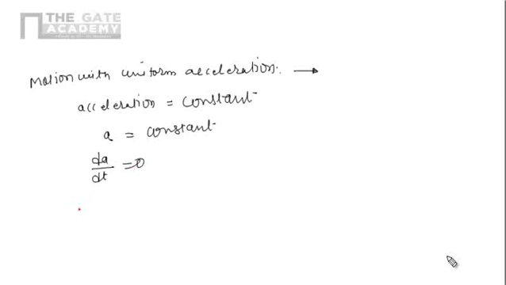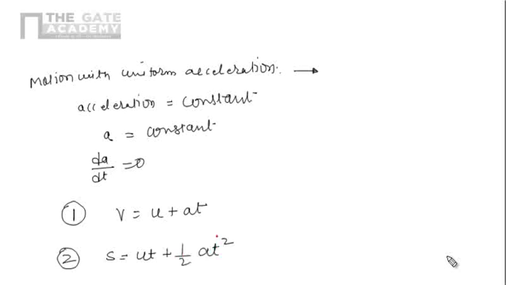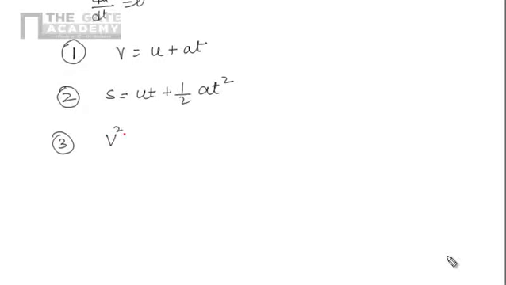So we are having three equations we can use only when the motion with uniform acceleration. This is v equals u plus at. Second one, s equals ut plus 1/2 at squared, and third one, v squared equals u squared plus 2as. So these three equations are very useful when the motion with uniform acceleration.